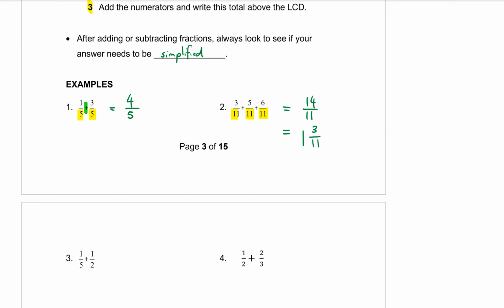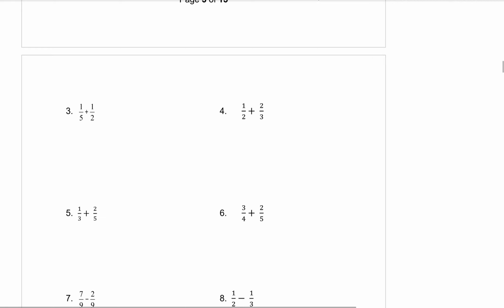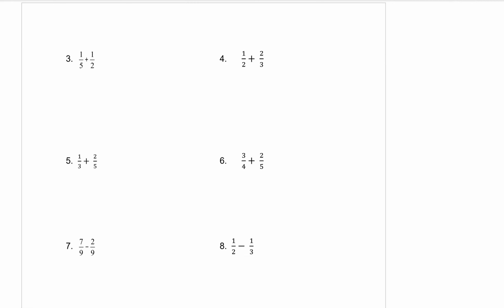Over the page, we get to the ones that now have different denominators. Now, like it said in the notes, most of the time, the lowest common denominator can be found by multiplying the two bottom numbers together. So 5 times 2 makes 10. Okay, so what I've done, I'm just going to put over here, I'm multiplying those two numbers. 5 times 2 is 10.